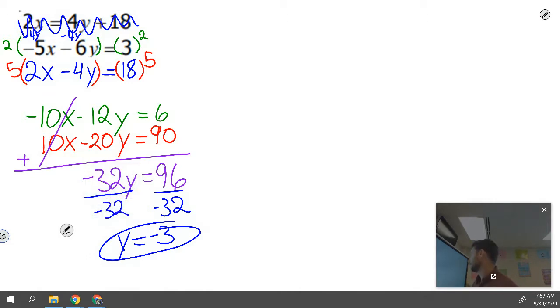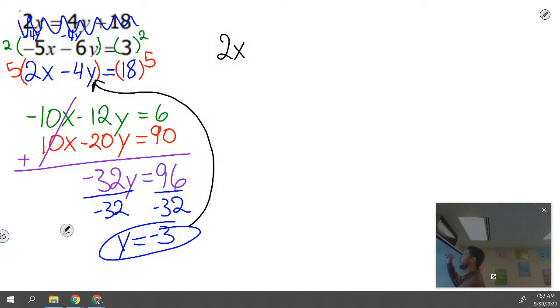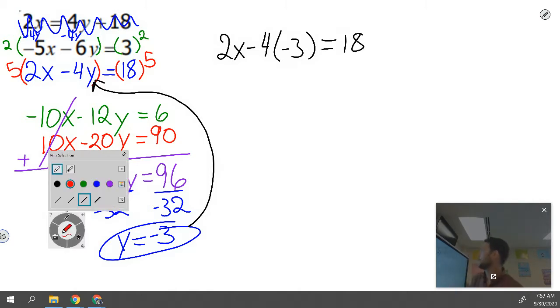I will do it. Let's see. Let's go back and plug it into here. Why not? We'll just plug it back in there. I already crossed off the top. Maybe the top's even easier, but that's fine. We'll plug it in there. It says 2x minus 4 times y. Y was negative 3 is equal to 18. Cool. And solve. Solving part should be pretty quick.